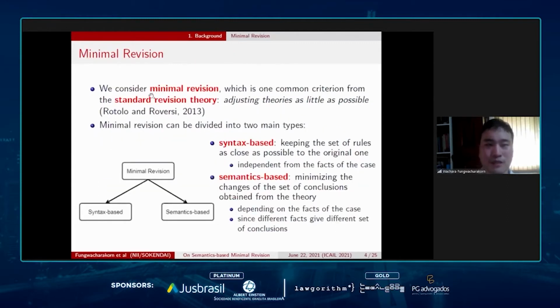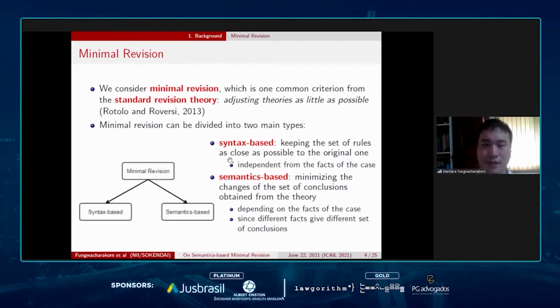In this work, we consider minimal revision, which is one common criterion from the standard revision theory. We reset it to adjust theories as little as possible. Minimal revision can be divided into 2 main types. The first type, which we call syntax-based minimal revision, is to keep the set of rules as close as possible to the original one.